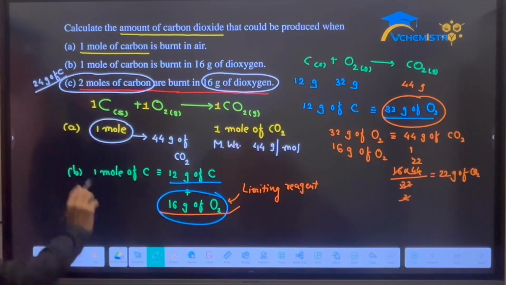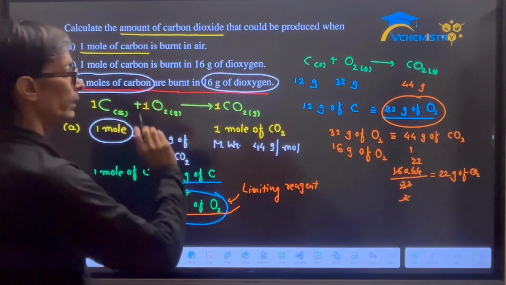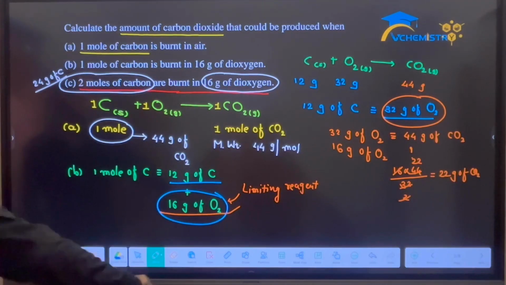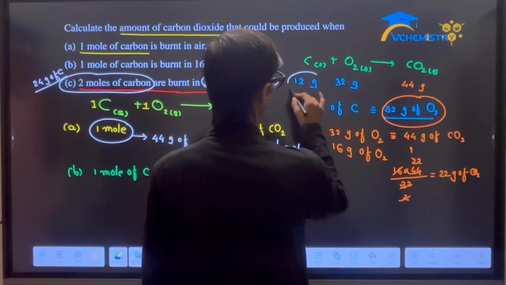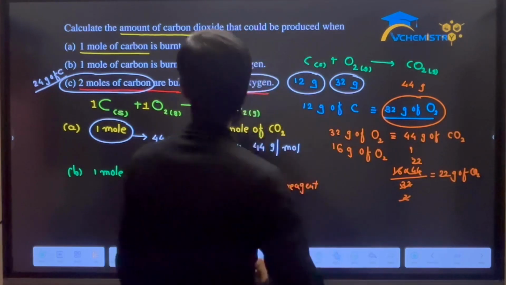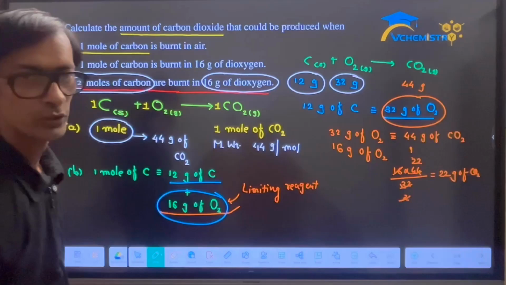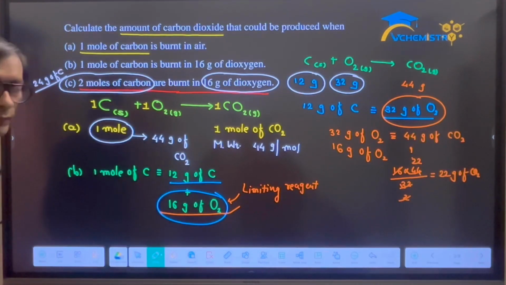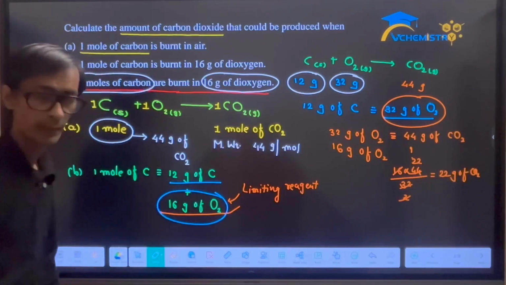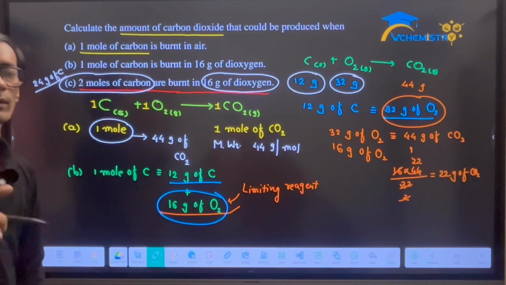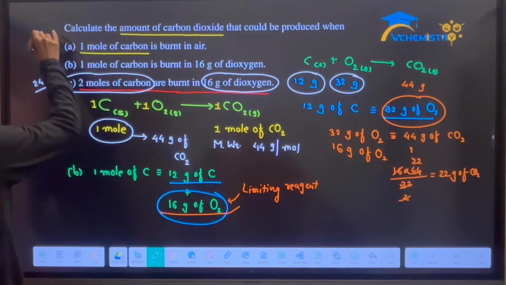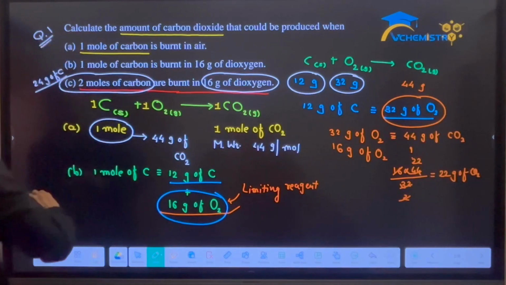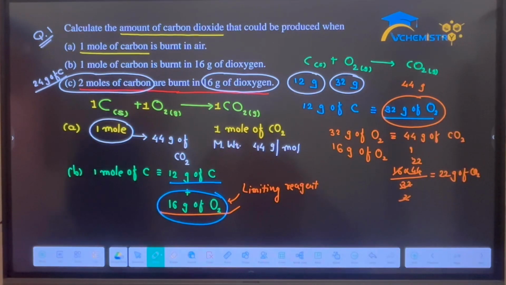So 24 gram of carbon reacts with 16 gram of dioxygen. See here, 12 gram carbon needs 32 gram of oxygen. So for 24 gram, compare the amount of carbon and the given amount of dioxygen, and after that write down which one is the limiting reagent in this case and the amount of carbon dioxide. This one is your question number 1. Give me the answer in question 1c: which one is the limiting reagent, and write down the amount of carbon dioxide.